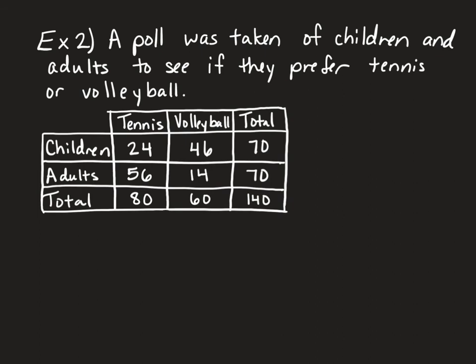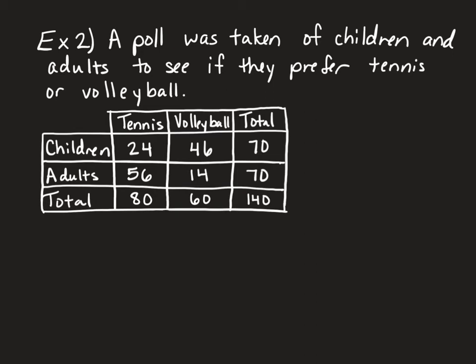Example 2. A poll was taken of children and adults to see if they prefer tennis or volleyball. So I see the two-way table that's given here. Notice that you have a row for children, whether they chose tennis or volleyball, and the total children polled. You have a row for adults, whether they chose tennis or volleyball, and the total number polled.